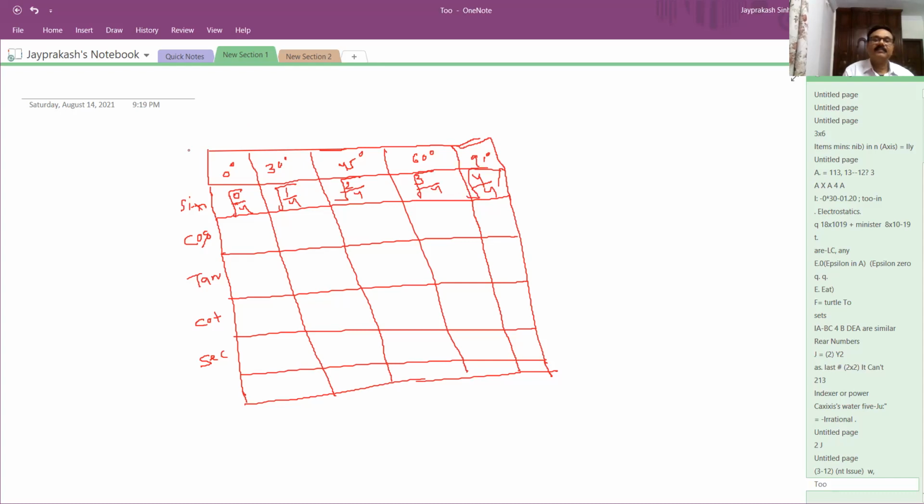Whatever value you get, like 0 divided by 4 is equal to 0. When you take the square root, it will be 0 only.